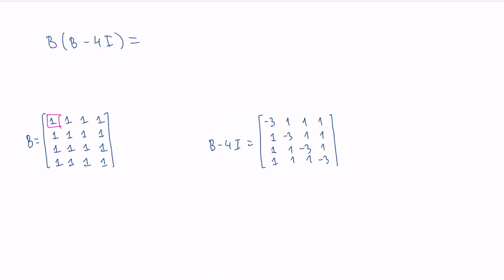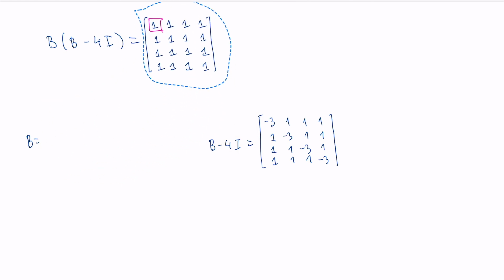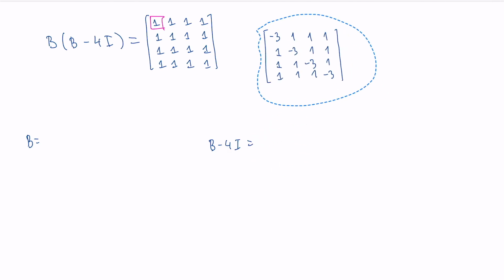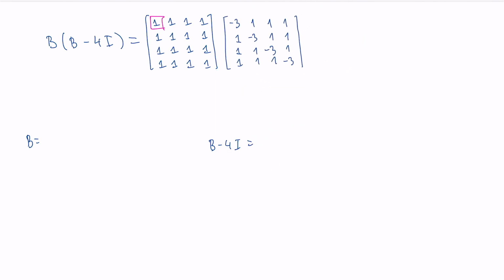All right, so again, some copying here. That is the matrix B, and this is the matrix B minus 4 times the identity. Now, I'm not going to write 16 more zeros, but it's not hard to see that this has to be the 0 matrix.